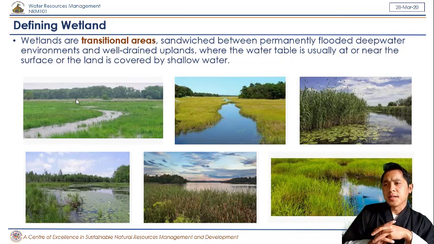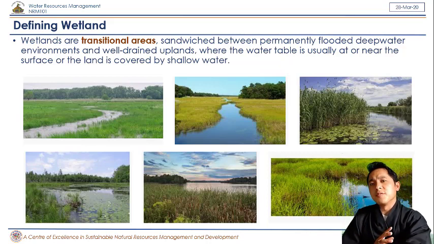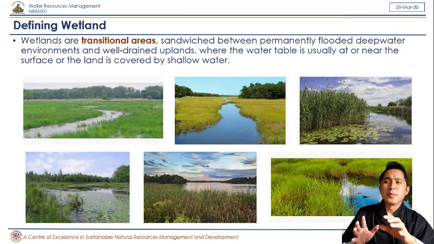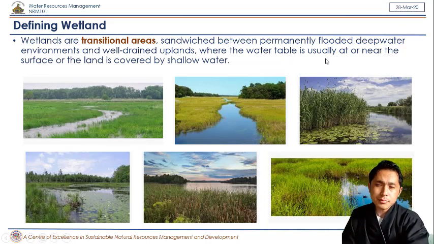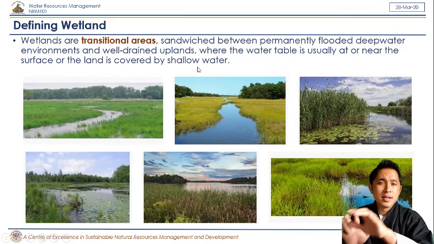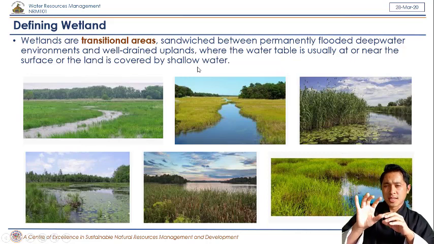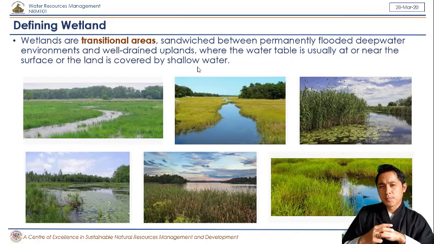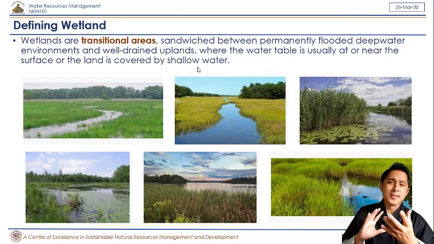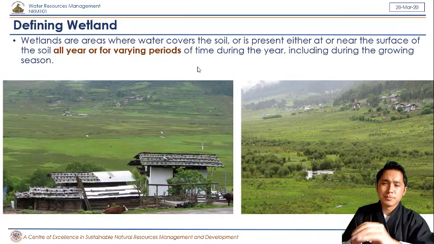Wetlands are transitional areas sandwiched between permanently flooded deep water environments and well-drained uplands, where the water table is usually at or near the surface, or the land is covered by shallow water. Look at the water table concept over here. The water table is usually at the top or near the surface if it is a wetland. So basically a transitional area between water and land is what wetland is all about.